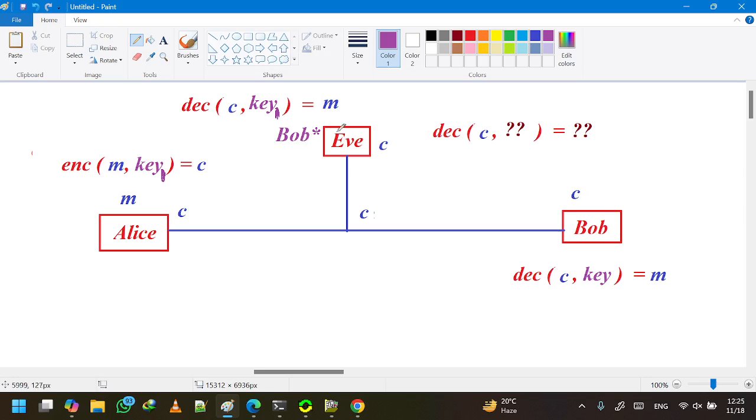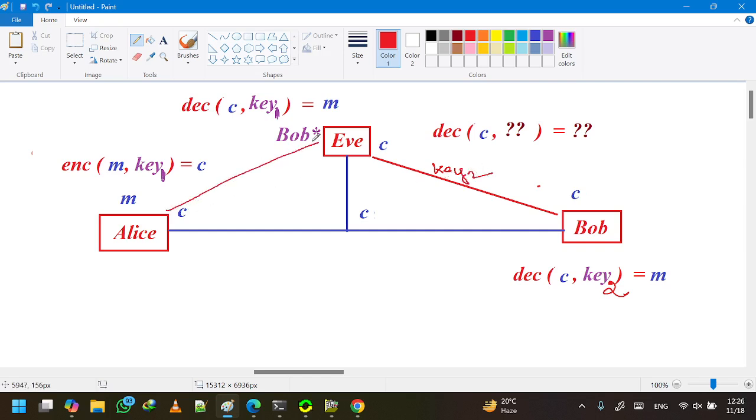Now, when the message is being sent to Bob, Eve can also establish a Diffie-Hellman key with Bob. Let's call this key 2. So between Bob and Eve, they will establish key 2.